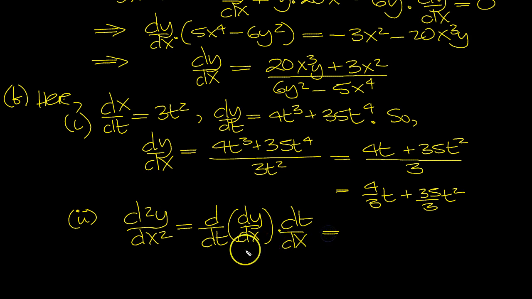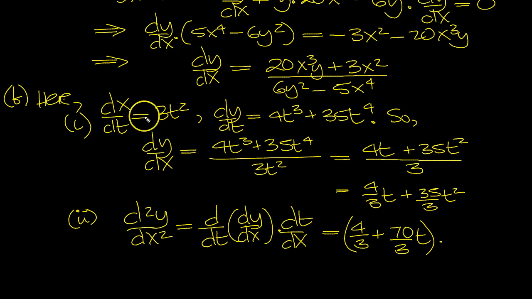That's what we've got. We're differentiating dy/dx with respect to x using this chain rule here. d/dt of dy/dx then is this. Differentiate this with respect to t. 4/3, the t goes to 1, plus the power rule, 2 comes down, we get 70t over 3 lots of t. So that's d/dt of dy/dx multiplied by 1 over dx/dt.